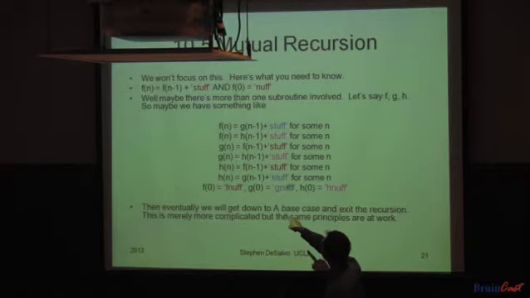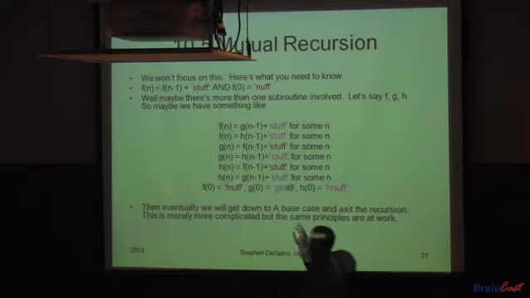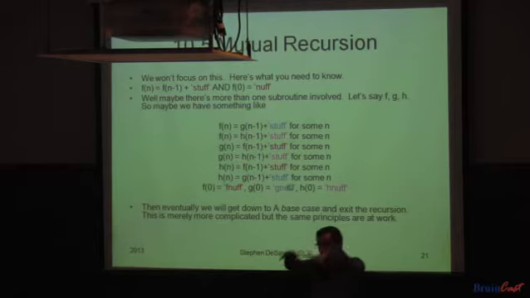And g of n maybe does something similar as well, but it definitely calls something with a smaller input. And you have everything basically going in a downward direction. Okay? Then it's fine. It works out. As long as all the paths eventually end in a base case, you're fine.